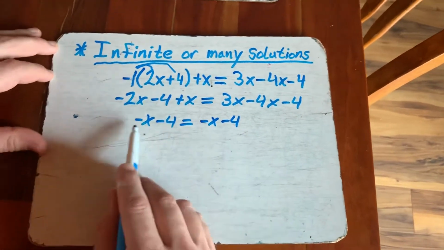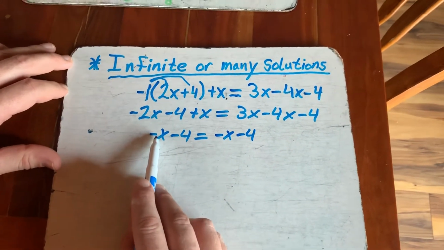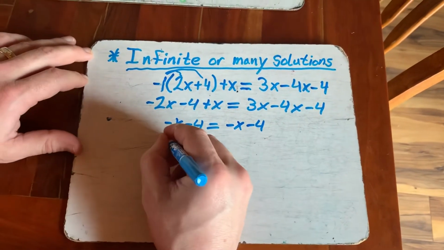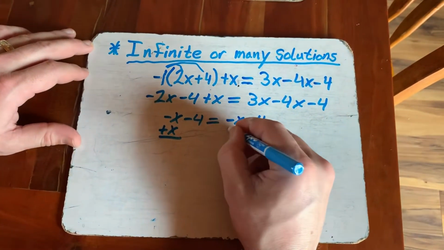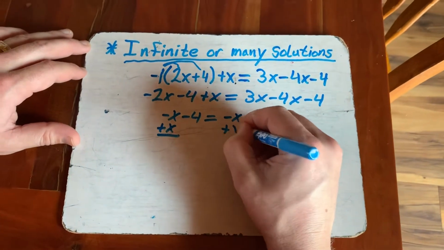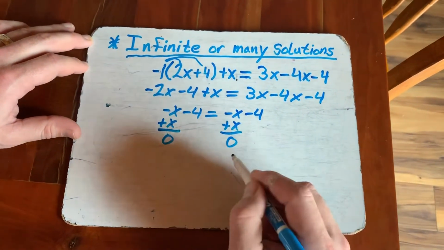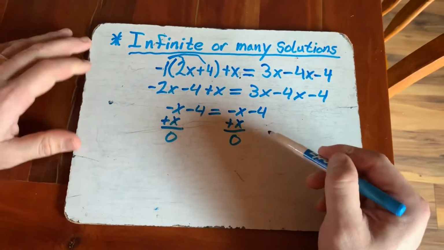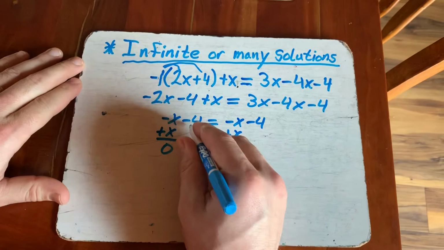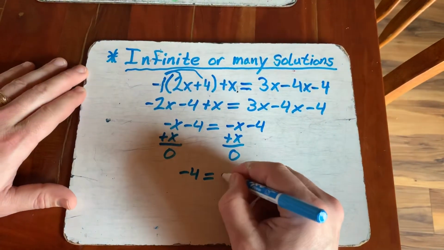So how do I get rid of negative 1x? To get rid of a negative 1, I would add 1. So I'm going to add x to both sides. Whatever I do to one side, I've got to do to the other. That's 0, and this is also 0. So yes, by trying to get rid of one of them, they both go away. That's normal, it's okay. So bring down the negative 4 equals, and then bring down this negative 4.